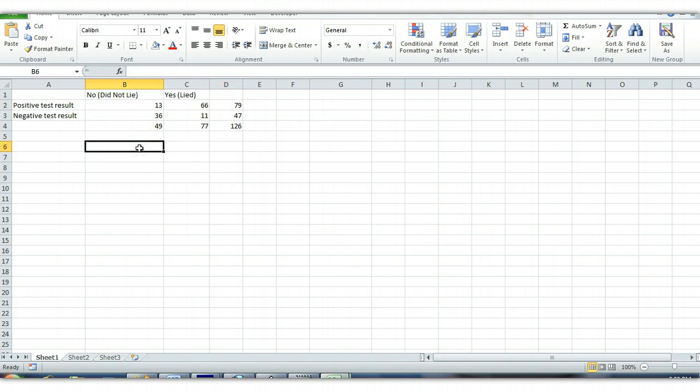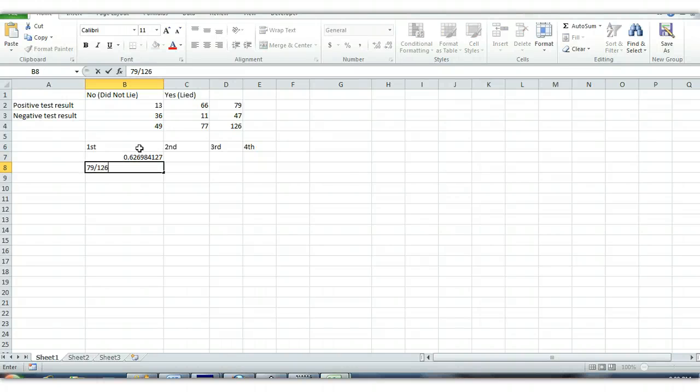So I'm going to do, this is the first person, the second person, the third, and the fourth. Alright, and then for this first person, what's the likelihood that they got a positive test result? So for the first person, there's 79 total people that had a positive test result out of the 126.